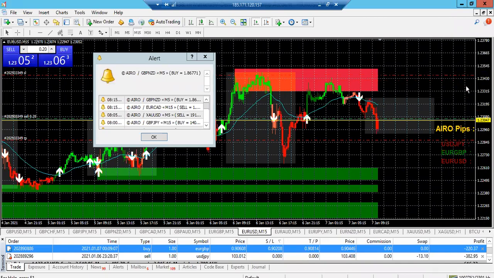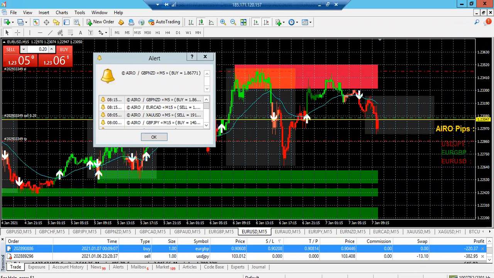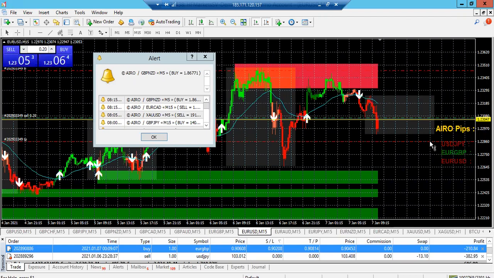So that's 40 above the resistance point, while the 20 is a few pips downwards. So we move down to other opportunities.